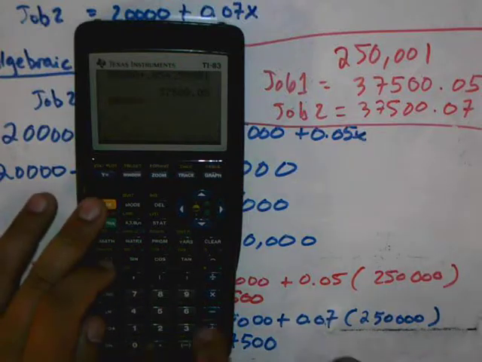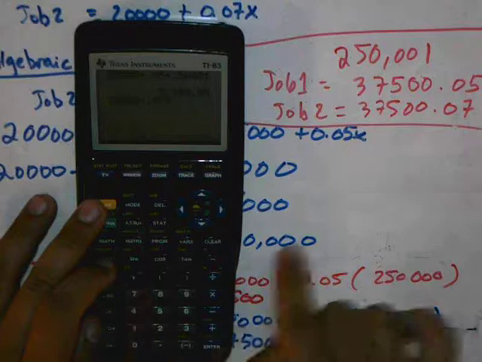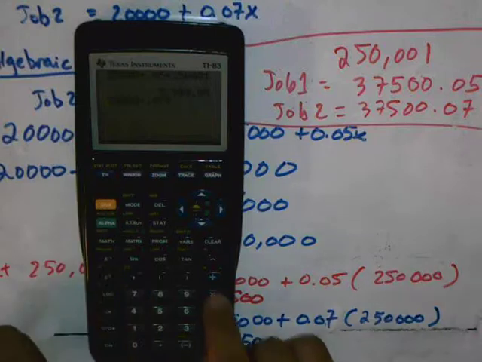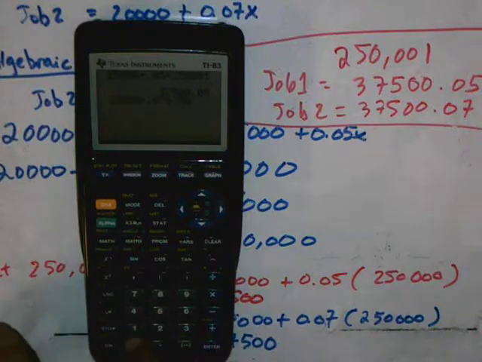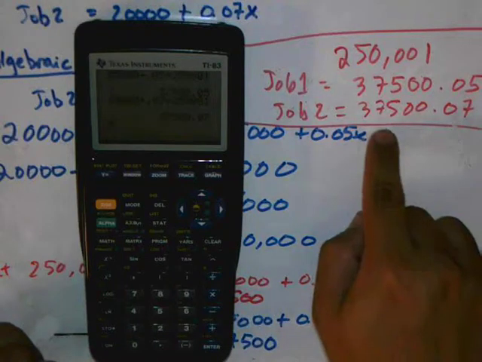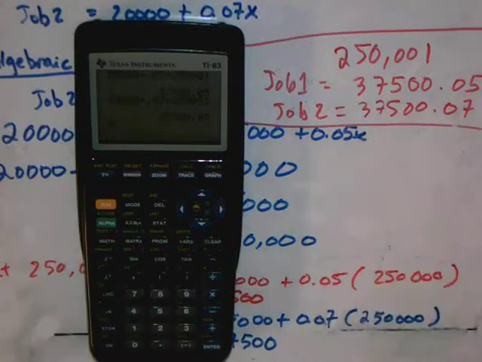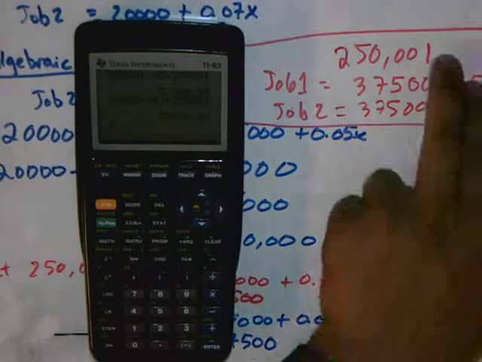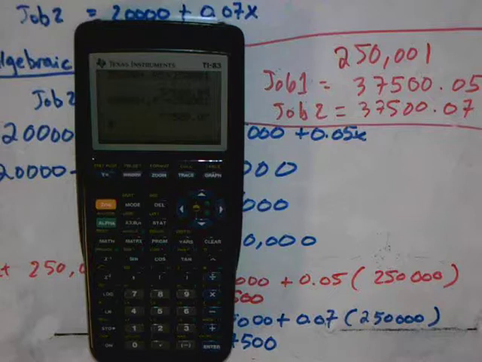For job 2, she's going to have 20,000 plus 0.07 times $250,001, and that's going to give her $37,500.07. So you can see here that as soon as she sells just one more dollar than the threshold, she's going to make a little bit more money with the second job.